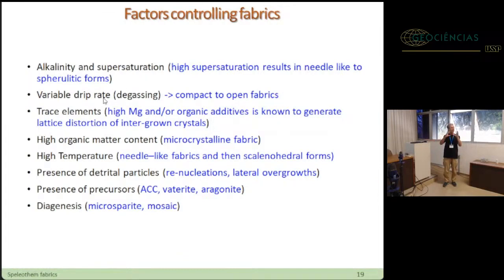So these are the most important factors. But then we can have the trace elements, as we have seen, the organic matter content, the temperature, and the presence of detrital particles or precursors. And finally, of course, the diagenetic history of our speleothem.